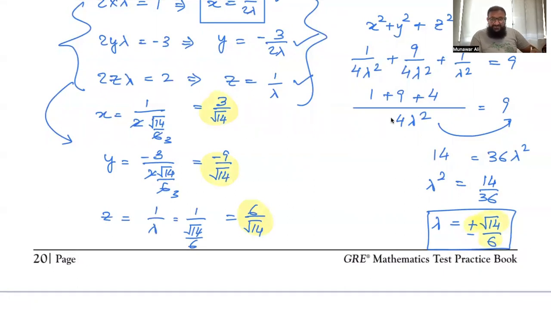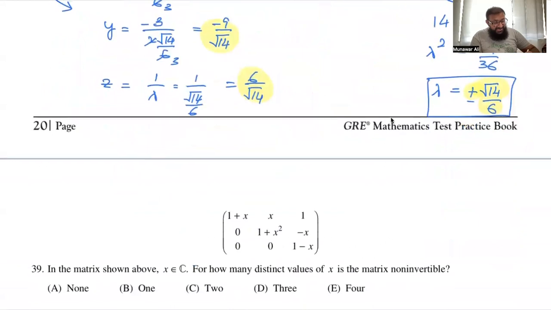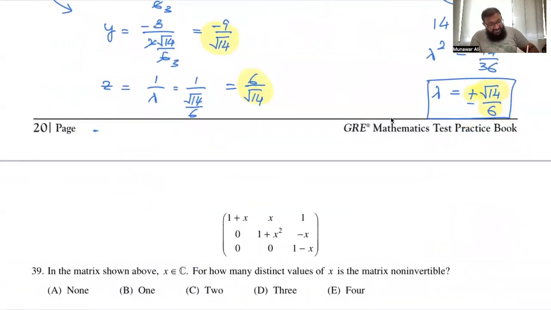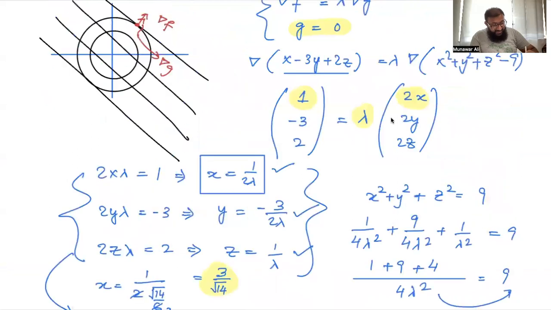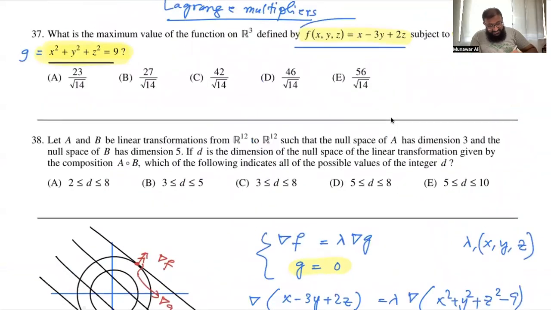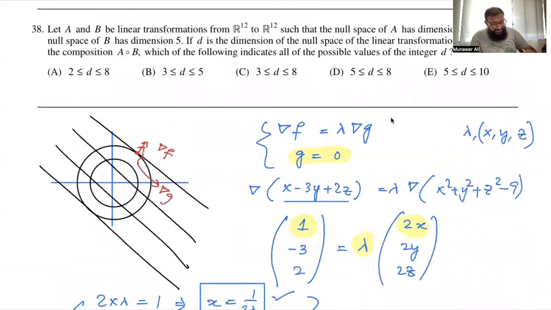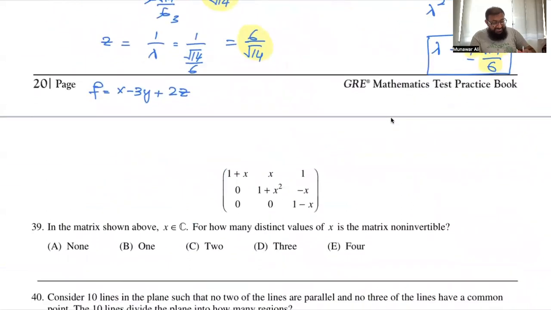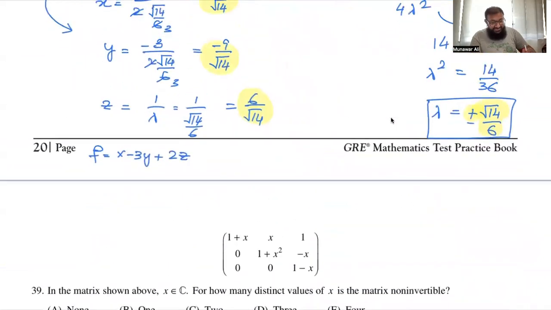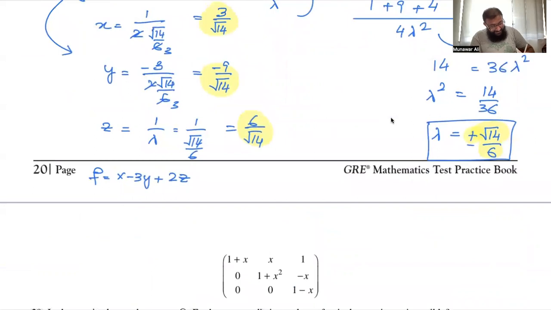Now I'll see what value of the objective function, which we call f, these three values give. So f is x minus 3y plus 2z. Let me verify it. Yeah, it's this, x minus 3y plus 2z. So just substitute these three values of x, y, and z.